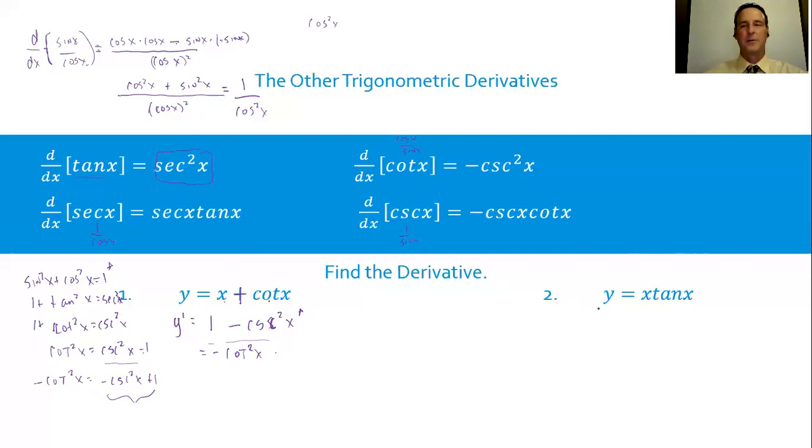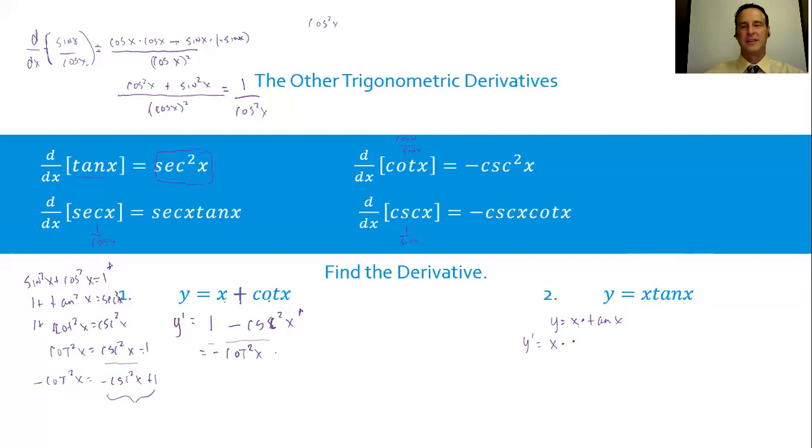All right, the second and final one is, well, if I take a look at it, it's x times the tangent of x. I'm writing a little bit more over here because I wanted a little more room. And this is, again, a product rule because there's a times sign there, okay? So y prime is first times the derivative of second.